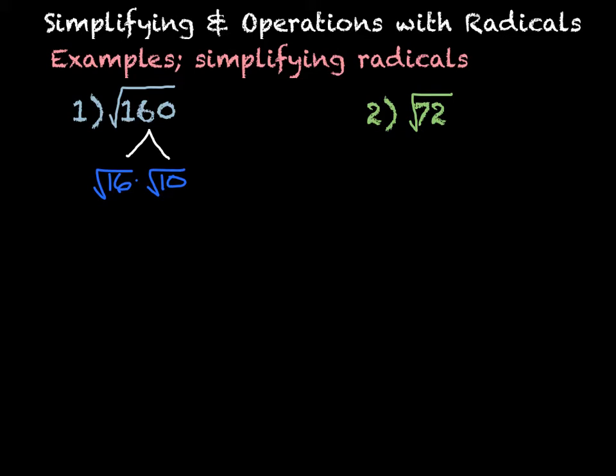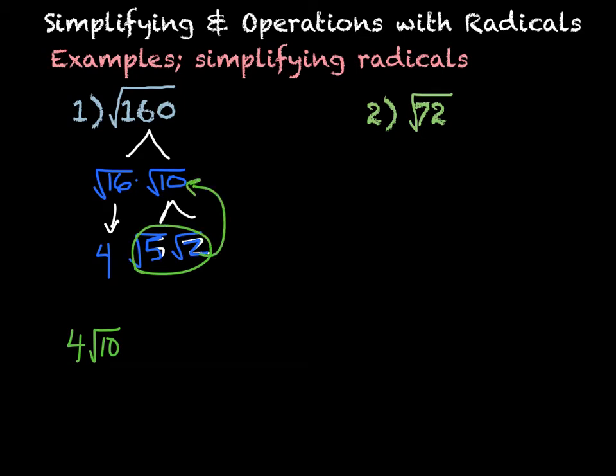Now the square root of 16 is 4, and the square root of 10 we can break down more into 5 and 2, but from there we can't break it down anymore. So my final answer is going to be 4 times the square root of 10. Since I can't break this down anymore, it goes back up to this one, and that would be your final answer.